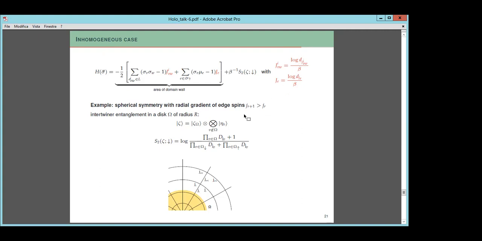And in this case, we also consider a specific example to highlight the behavior of the boundary with respect to the bulk.